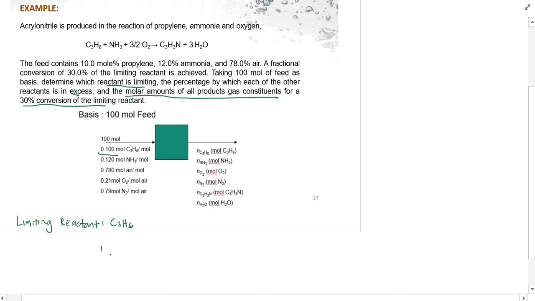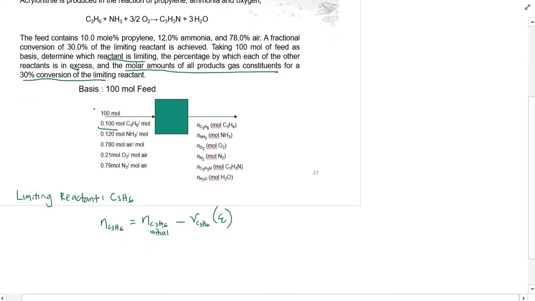Let's write the equation: N C3H6 equals N C3H6 initial minus the stoichiometric ratio multiplied with the extent of reaction.